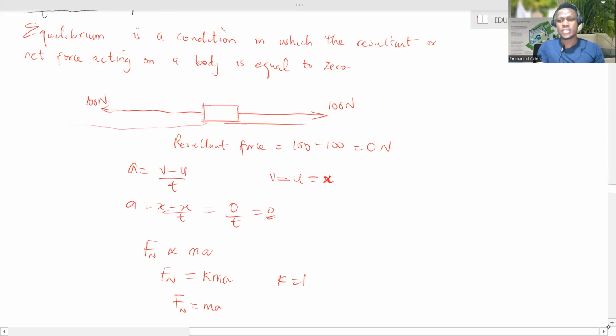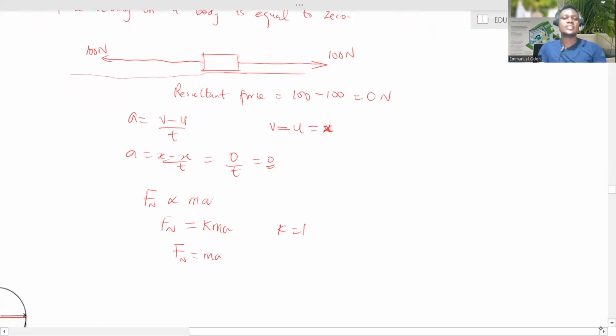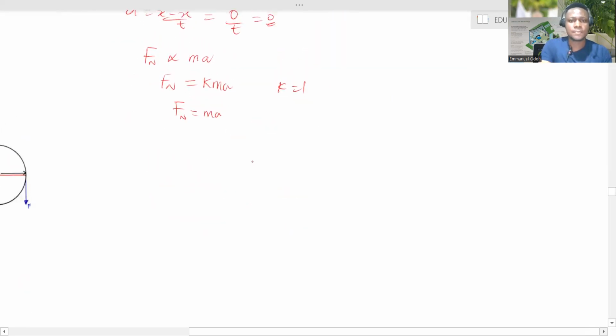Now, what the second law tries to explain is that the net force on an object is what actually gives the object an acceleration. And if the net force is 0, it means the acceleration is 0. For example, let me draw another instance of this box. Let's say 50 Newton is acting on it rightward and 30 Newton is acting on it leftward. Our net force, which is the resultant force, will be equal to 50 minus 30, which is 20 Newton.